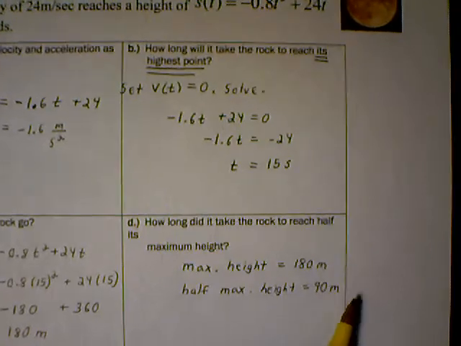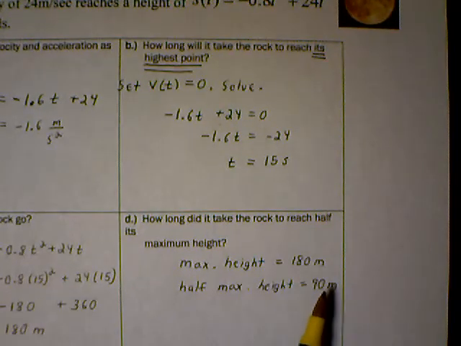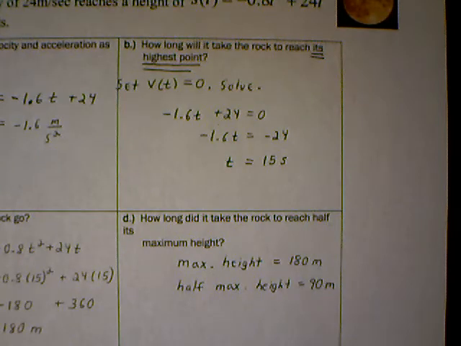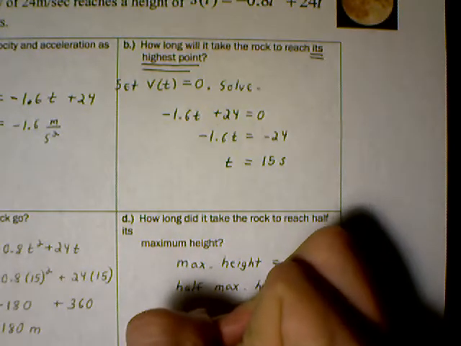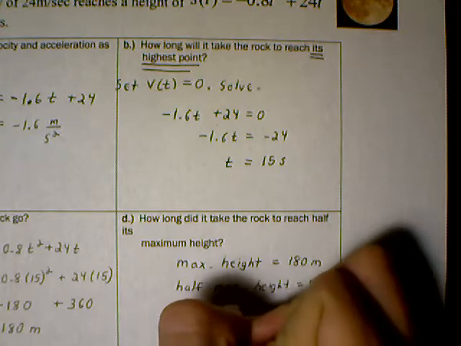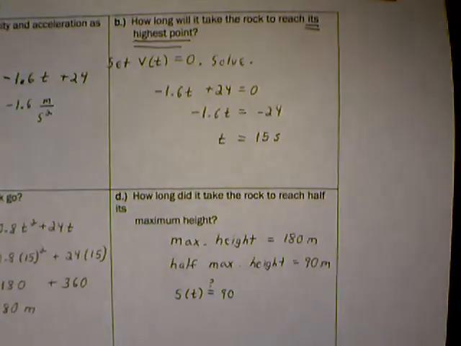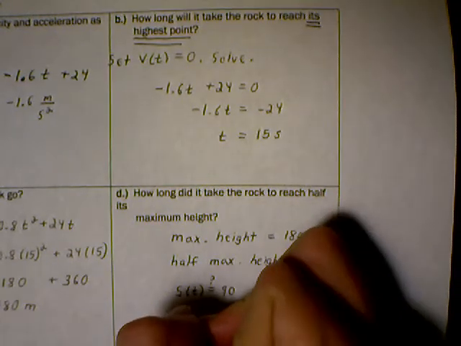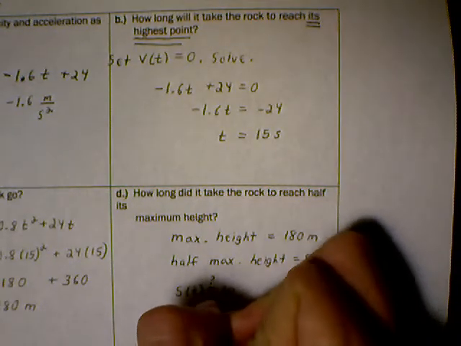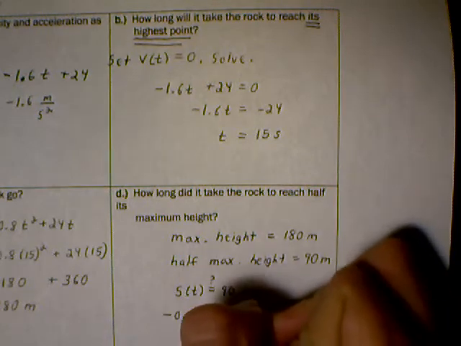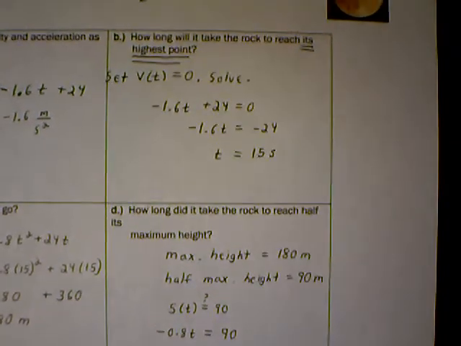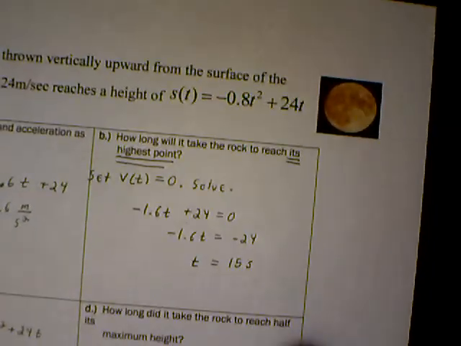I want to know how long it's going to take to get to 90 meters. 90 is a position, it's how high we are. So I want to know when my position is equal to 90. So I'm going to take my position function, negative 0.8t, and I'm going to set it equal to 90. Sorry, I messed up there.